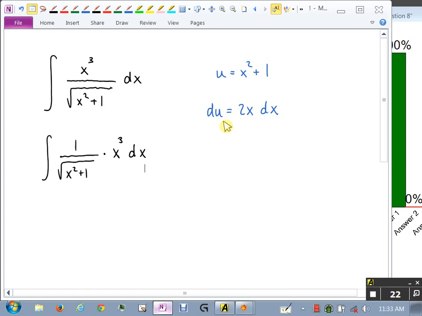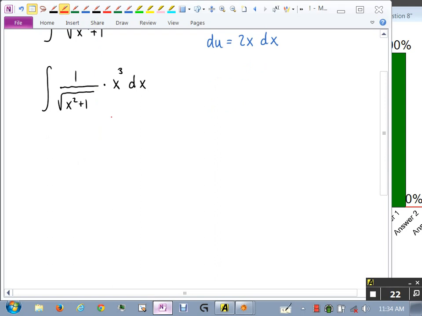So watch this extremely clever thing, all right? Well, I mean, you may not think it's that clever, but what do I really wish was there? Maybe I just write it down. How about this? Do you agree with this? Do you agree that x cubed is x squared times x?